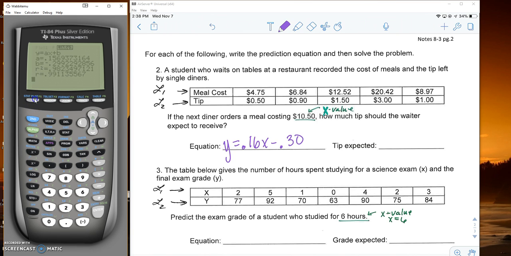I'm going to go to y equals, and I can see that really ugly, not rounded version of my equation. I'm going to go to second table, and I have an x value of 1050. So when I type it in, my tip could be anywhere from 134 to 135 because of rounding, and we're talking about money here.